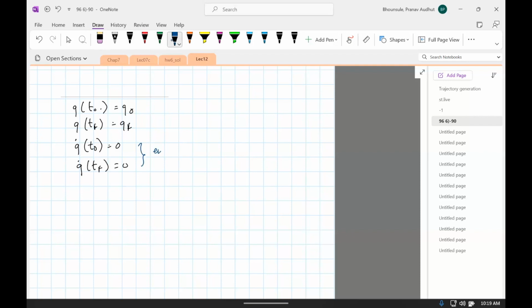So this ensures the velocity does not change abruptly. Okay, so these are 4 conditions.